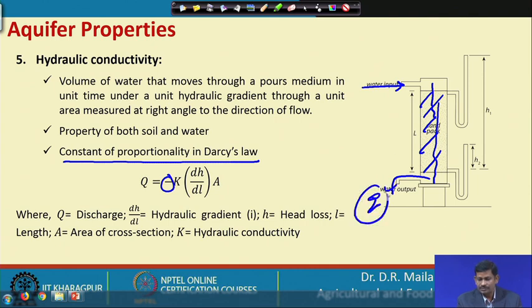This is Q. Since it is at equilibrium, the Q going in is the same as the Q coming out, but the pressures are different.